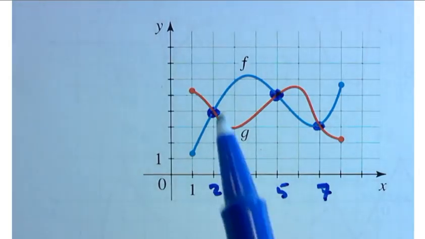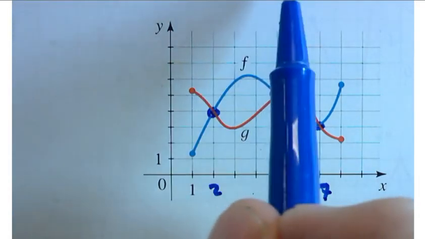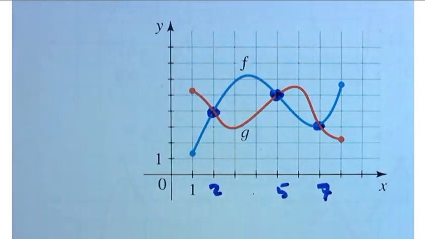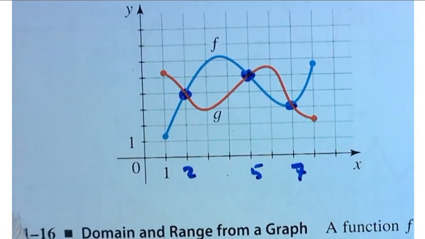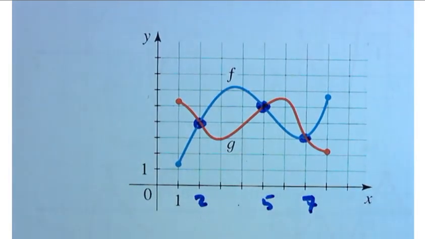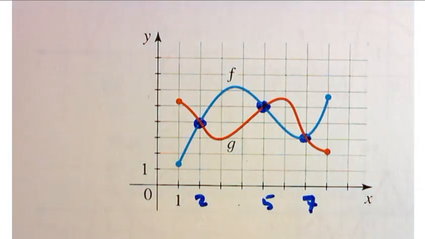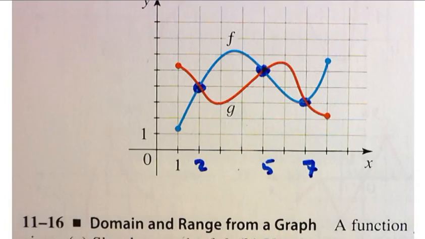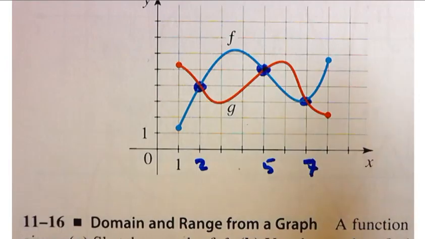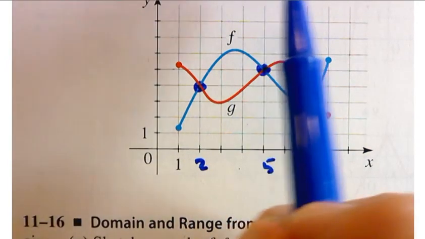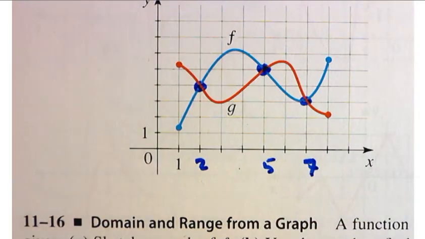Let's answer part E now. It says find the values of x for which f of x is greater than g of x. Now let's keep in mind that f of x is the blue graph and g of x is the red graph. It'll show up better on the video than it does here. I want the values of x for which f of x is greater than g of x.